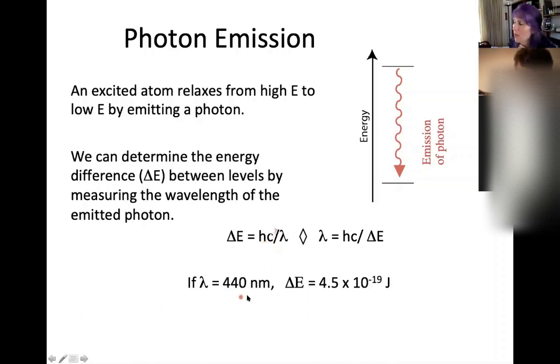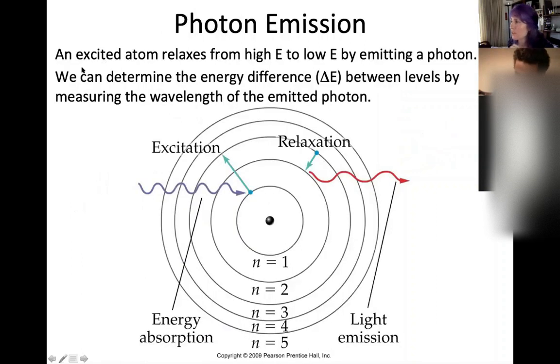But we can go from that wavelength to an energy in joules. And that corresponds to the distance between these two energy levels. So this is literally how the original theories of how the electrons behave in atoms were determined.